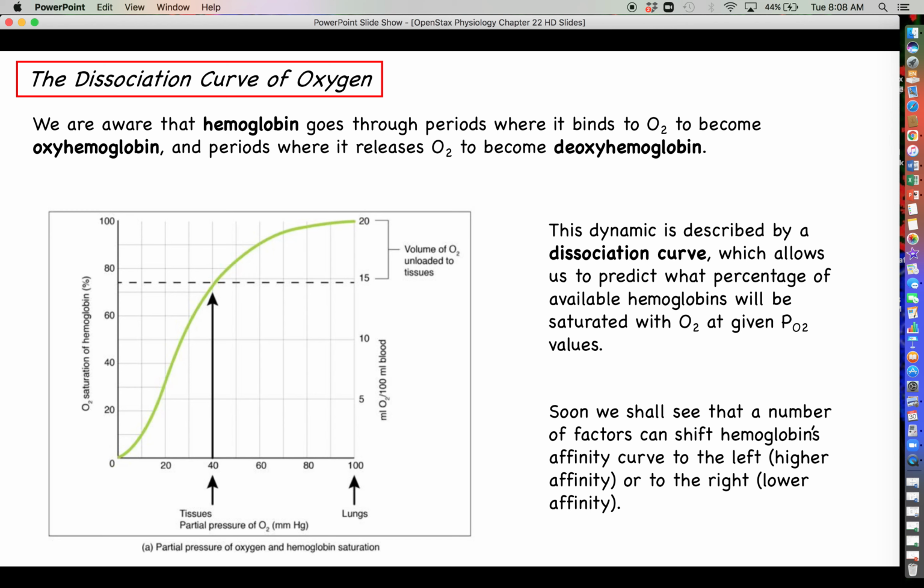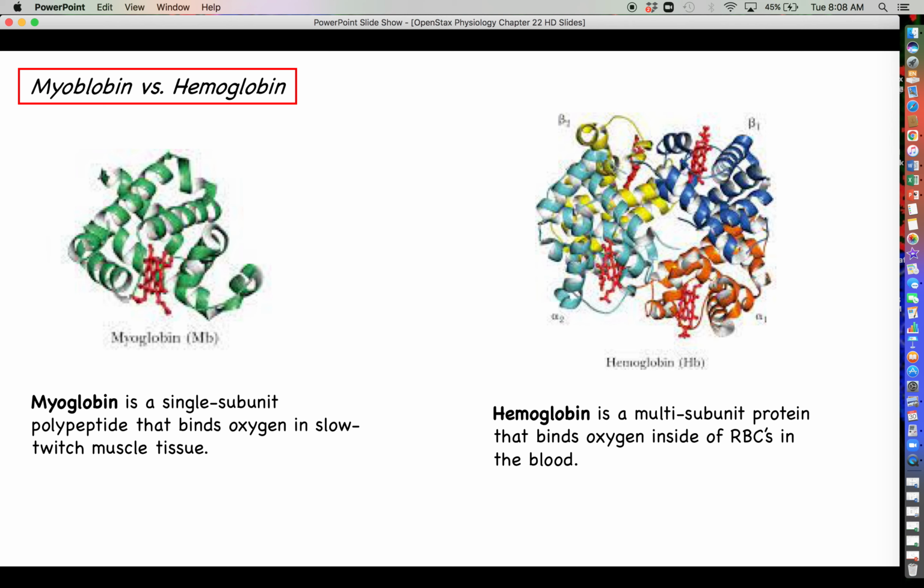So an important thing to understand as it pertains to this dissociation curve is that anything that would cause the curve to shift towards the left means that hemoglobin has a higher affinity for oxygen. And anything that shifts the curve to the right would cause hemoglobin to have a lower affinity for oxygen. So the closer this green curve here is towards the left side of the graph, the higher the affinity is, and the closer it is to the right, the lower the affinity is.